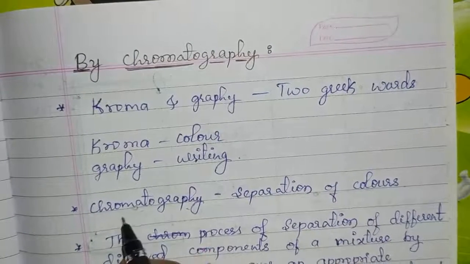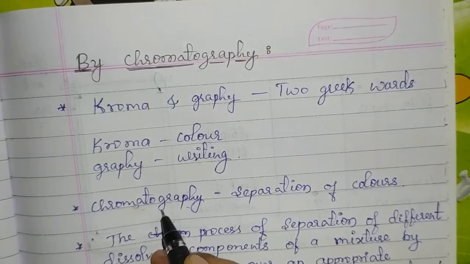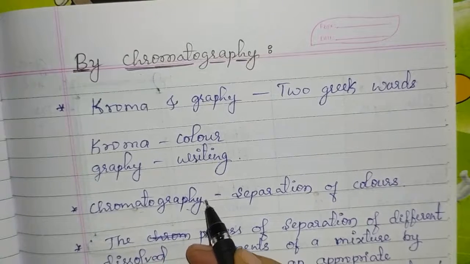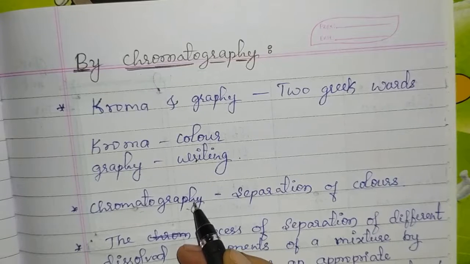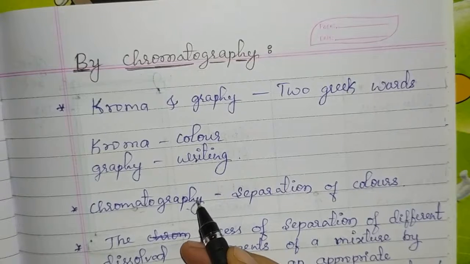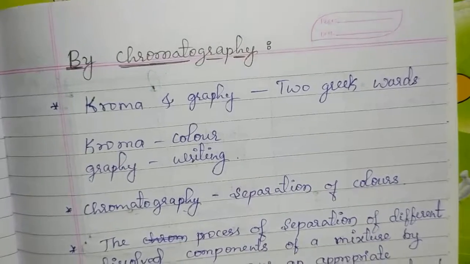Actually this technique was first used to separate colors. Therefore it is named chromatography, named after this discovery, because this technique was first used to separate a mixture of colors.